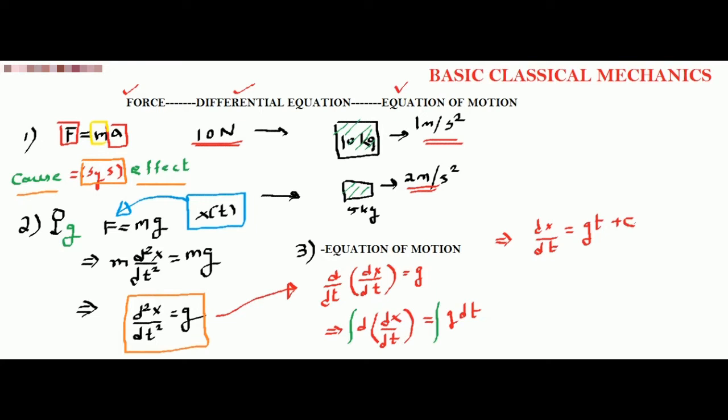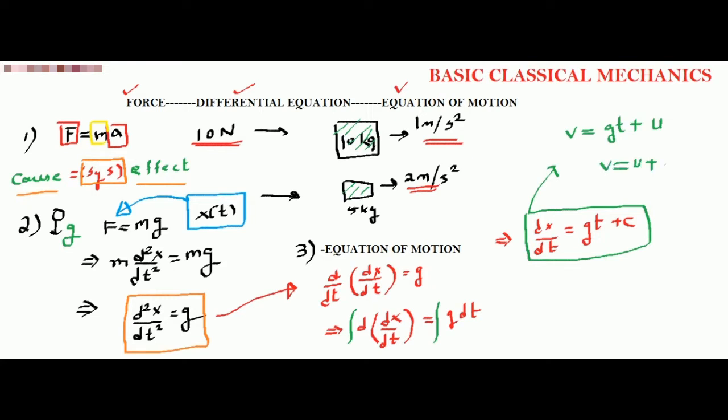Later on I'll tell you what this constant is, or we can do it now. Let's do it now. If you look at this part of the differential equation carefully, dx by dt is nothing but a velocity, and acceleration multiplied with time is also a velocity. Of course, then c must be some velocity, that is your initial velocity u. So remember the equation v equals u plus at.